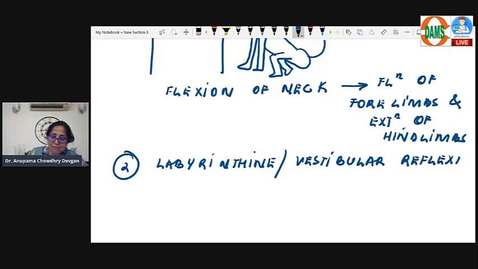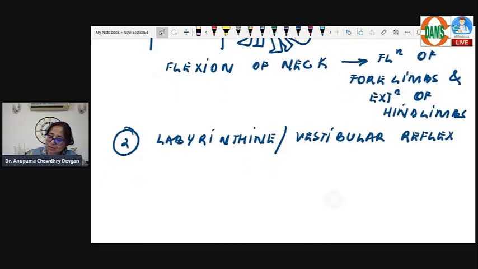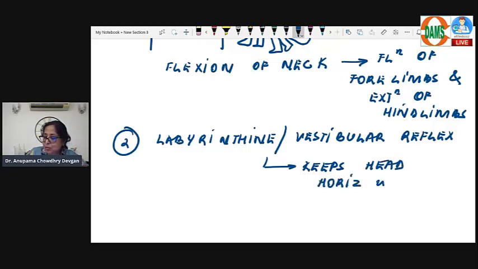This is also a medullary reflex. And what is the labyrinthine or the vestibular reflex? It keeps the head horizontal with respect to the ground.